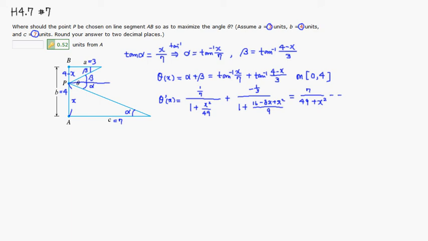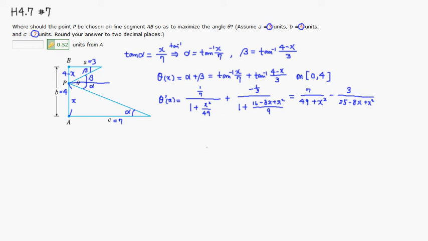Then multiply top by 9, you're going to get 3. Multiply this by 9, so it's going to be 9 plus 16, so it's 25, so you have 25 minus 8x plus x squared. So we have that.